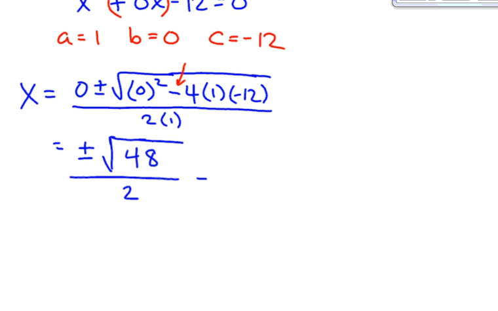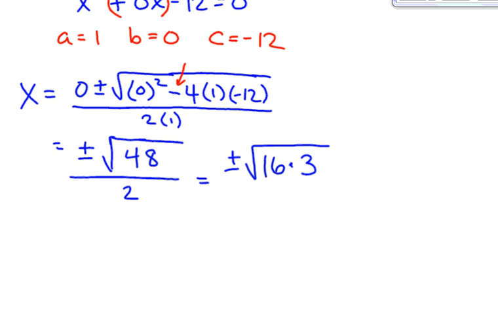But you do have to simplify because square root of 48, it's not perfect, but it does have a perfect square in it. Now 48 is one of those that a lot of people think of 4 and 12. 4 is a perfect square, but it's not the biggest perfect square that goes into 48. It's actually 16. So hopefully you can remember that with 48, because 48 is a pretty common one that we see. So 48 is 16 times 3.